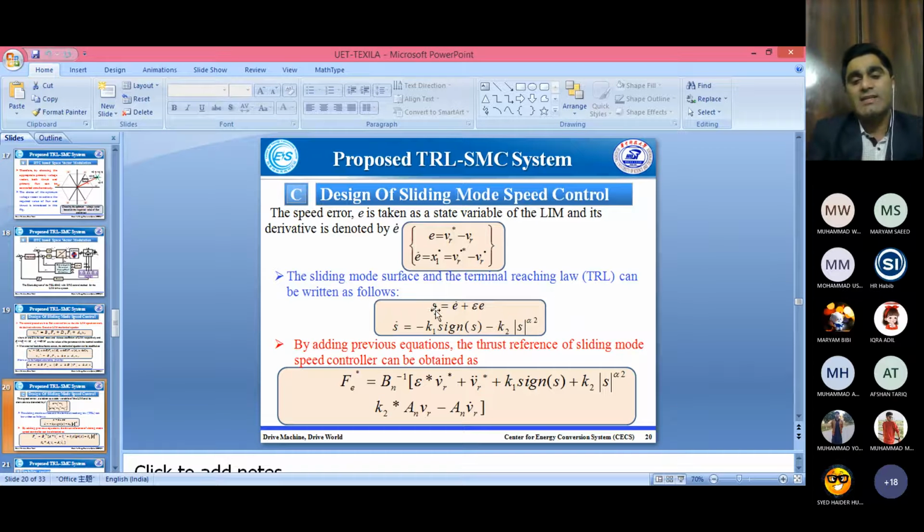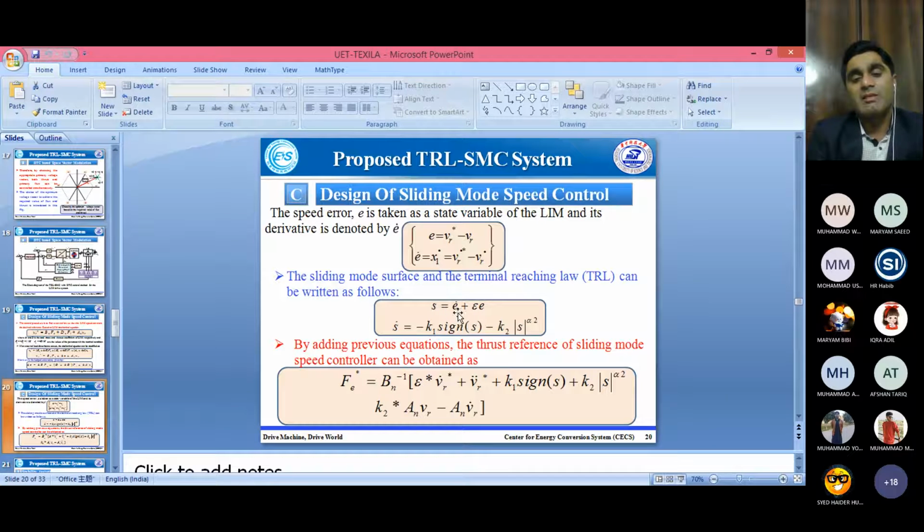Here the slide mode surface is taken as S equal to E dot plus epsilon multiplied by E, where epsilon is a constant and E is the error. Now this is the control law, the reaching law. This reaching law is responsible for taking the state, which is the error, from any position to the designed slide mode surface or rated value which you want to give to the machine.